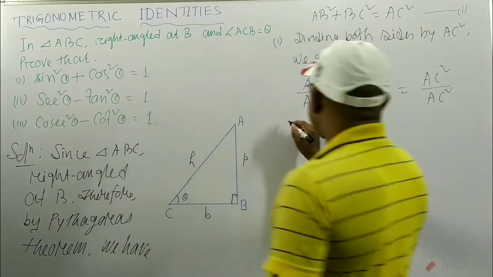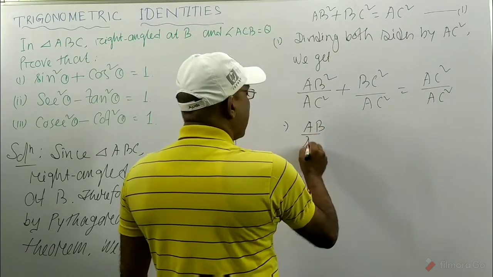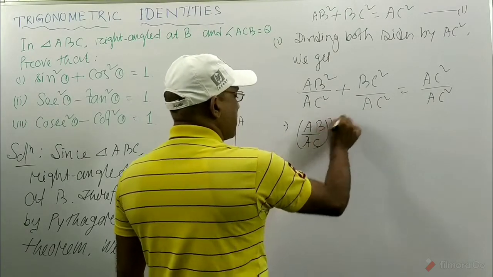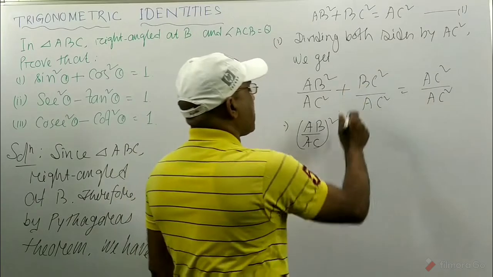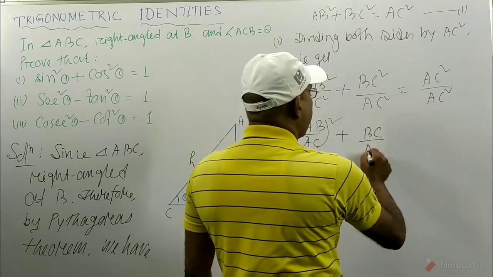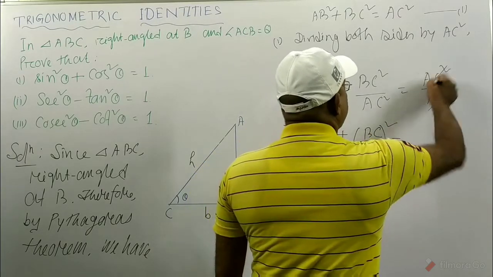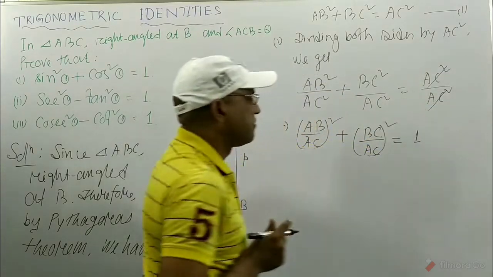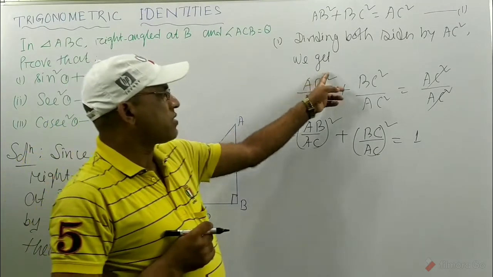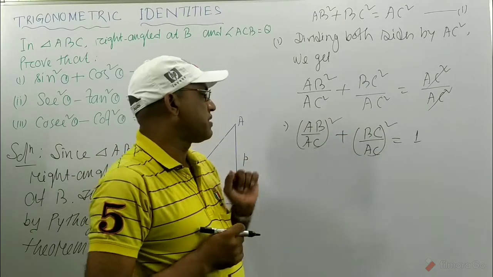Now this can be written as AB by AC whole square plus BC by AC whole square, and AC square by AC square cancels, we get 1.